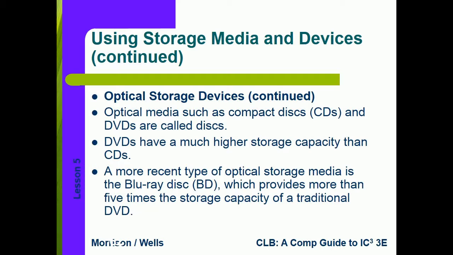Optical storage devices, continued. Optical media such as compact discs, CDs, and DVDs are called discs. DVDs have a much higher storage capacity than CDs. A more recent type of optical storage media is the Blu-ray disc, BD, which provides more than 5 times the storage capacity of a traditional DVD.